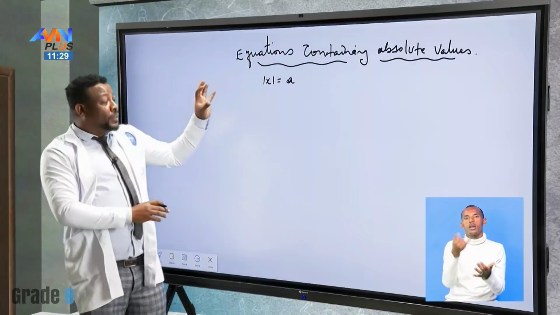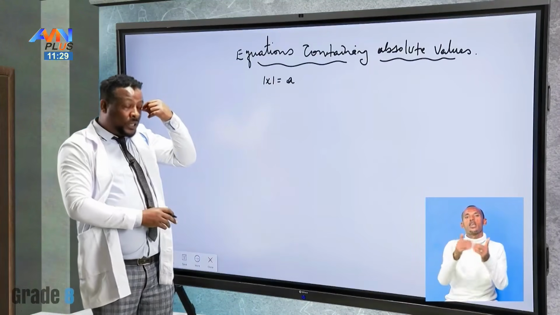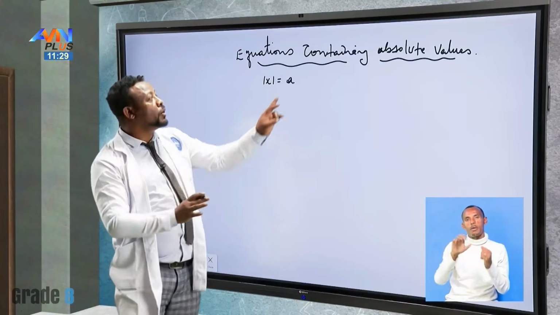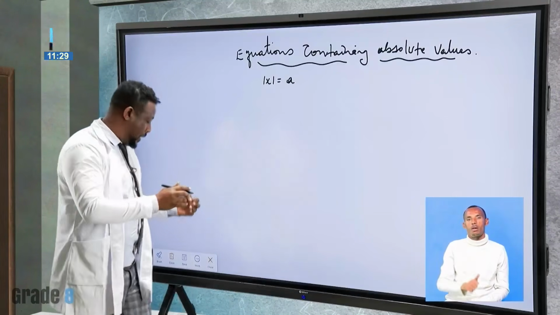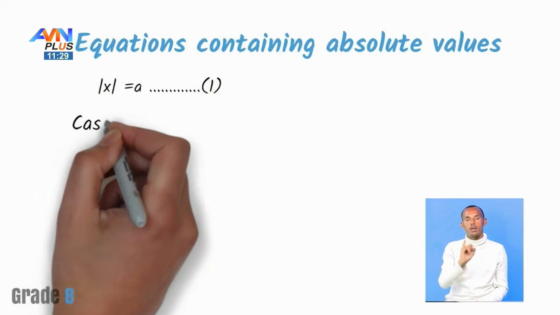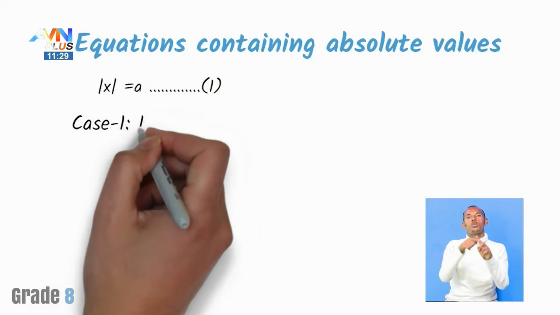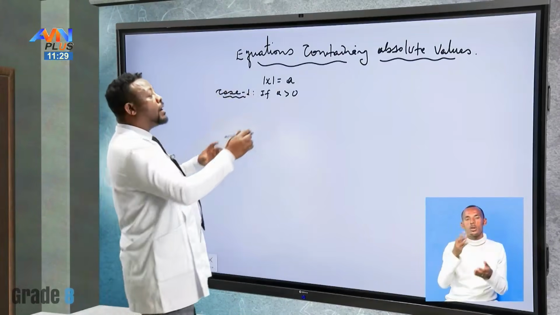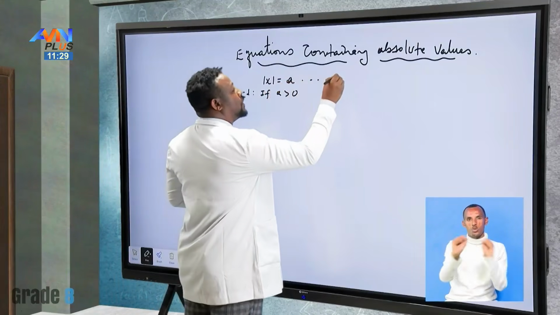Now, if this is the equation, we will have different solution types depending on the value of a. In case one, if this number is a positive number, the equation will have two solutions. Say this is equation 1.